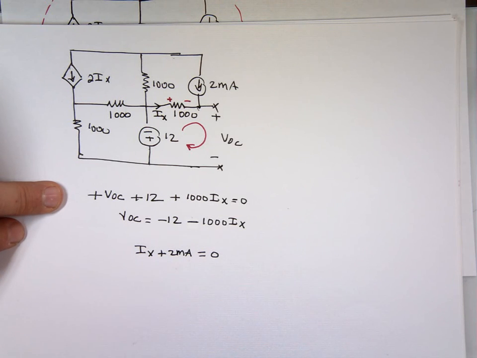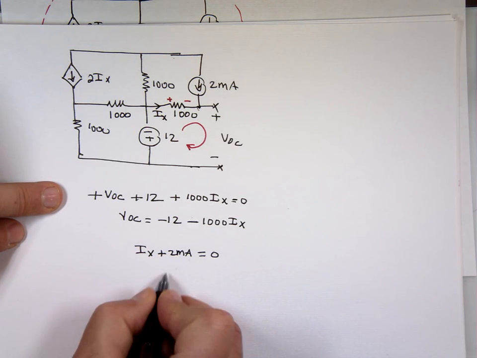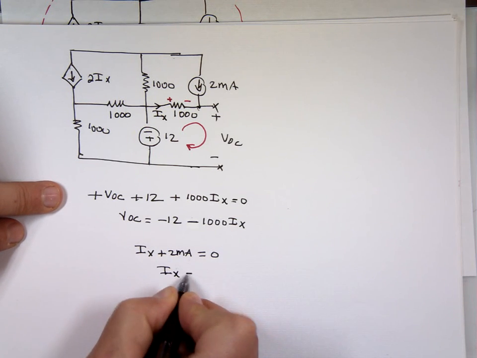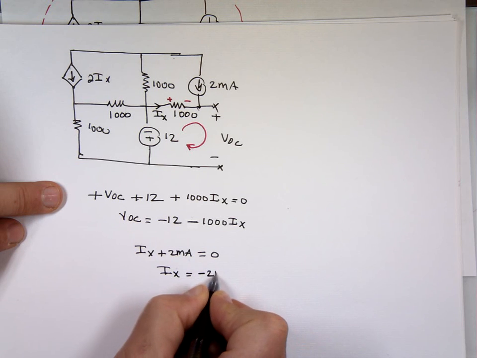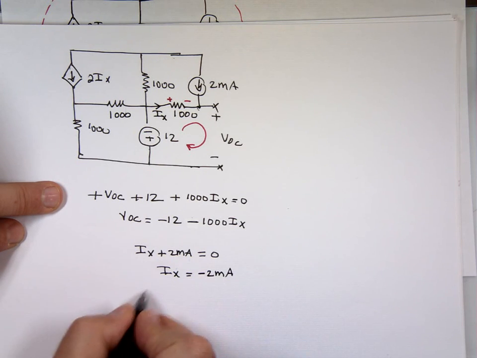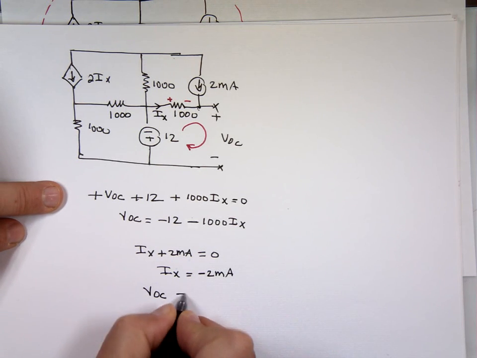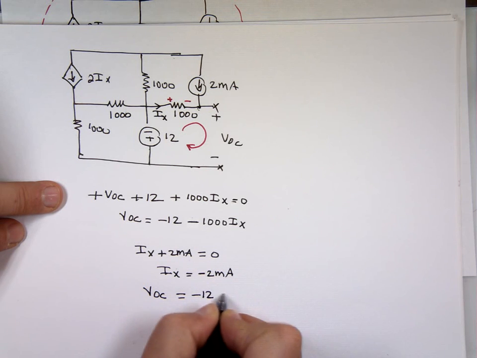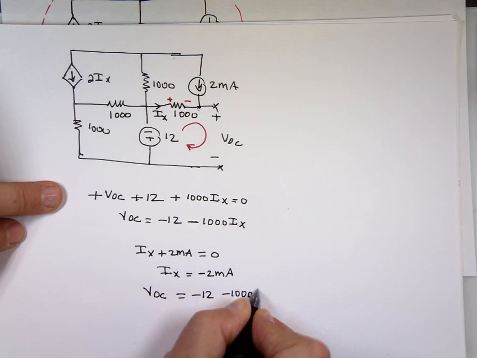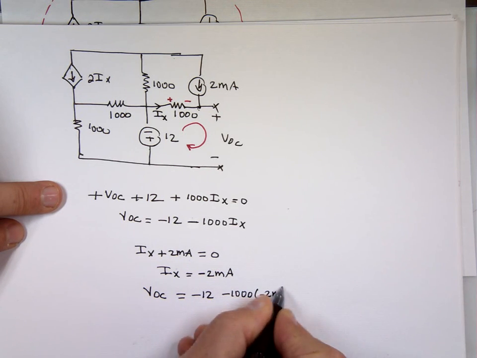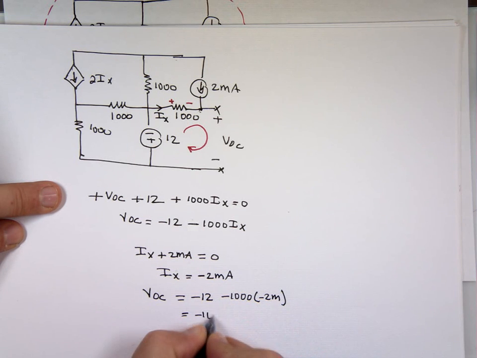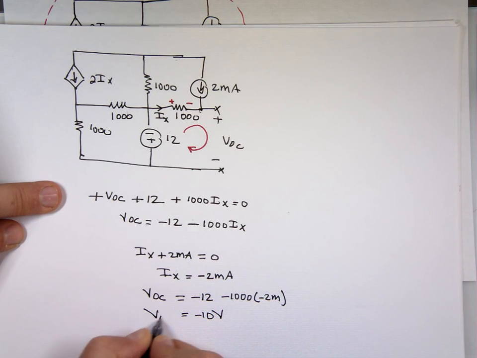Nothing. So what's I sub x equal to? Negative 2 milliamp. Do you know what V open circuit now is? Negative 10 volts. That's what V Thevenin equals.